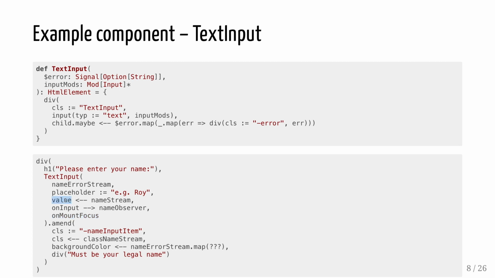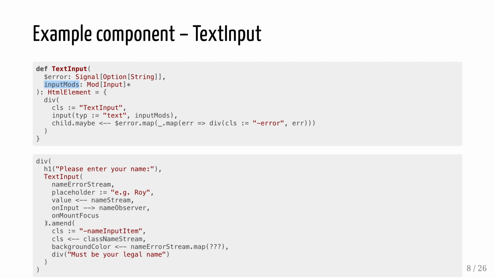You might want the input to be controlled or not, in React terms, and you don't even know which events you care about. Is it on input, on change, on something else, on click even maybe? The author of TextInput didn't have to think about any of that. They just needed to think that this input node is important, so they need to expose a way to extend its behavior. And in Laminar, modifiers is how you extend the behavior of an element.